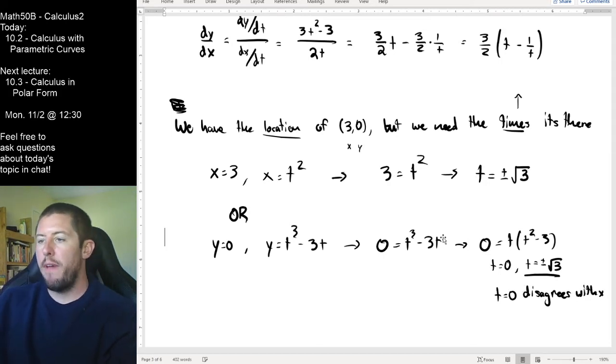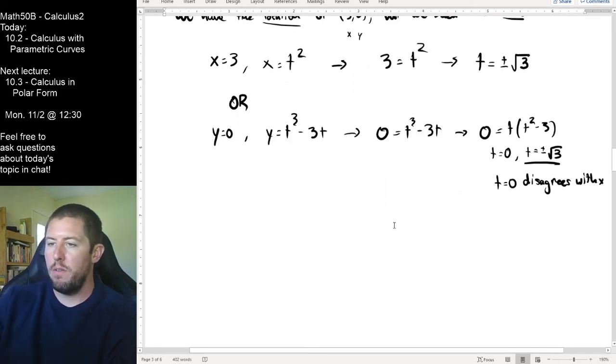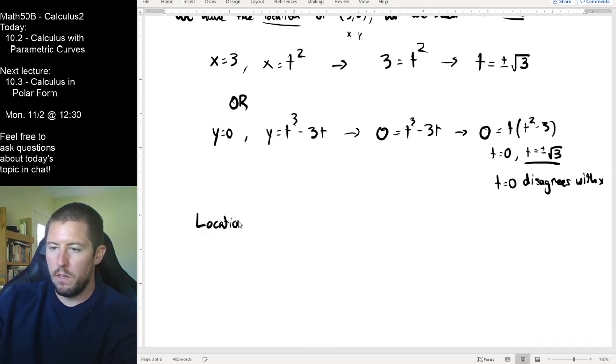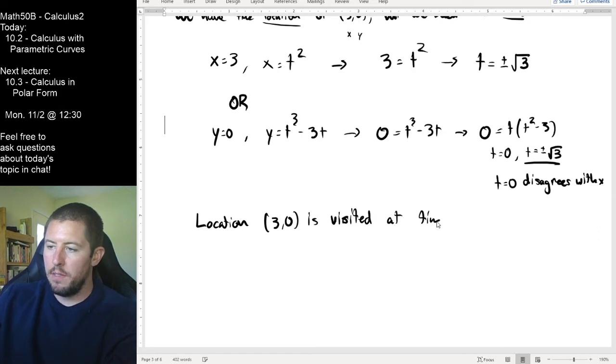So it looks like we've found that the location (3, 0) is visited at times t equals plus or minus root 3.